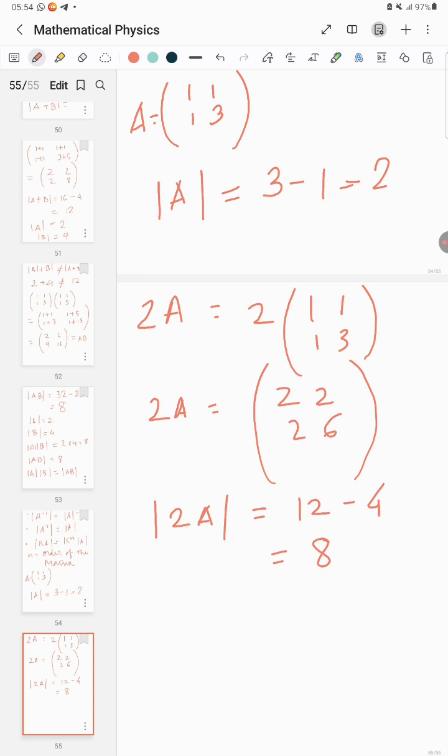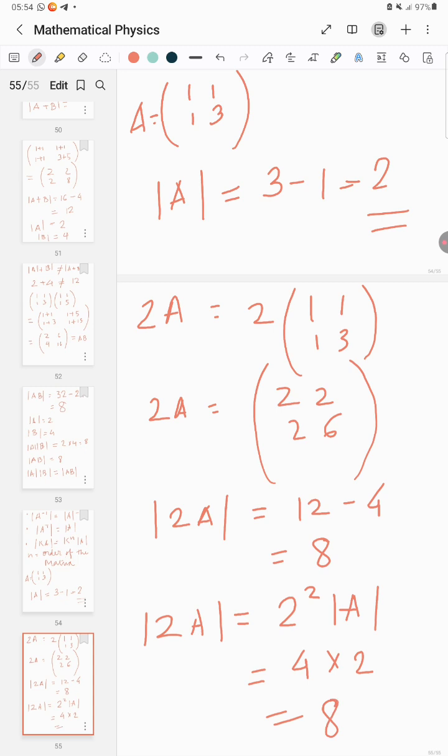Alright, now determinant of 2A is nothing but 2 to the power 2 into determinant of A, because 2 to the power 2 is 4, determinant of A is 2, which is 8, which is again the determinant of 2A.